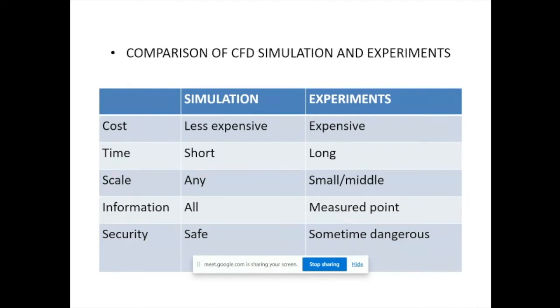In simulation, you can make a fluid domain ranging from kilometers to millimeters, but experimentally it is not possible. You cannot do an experiment with a 1 kilometer runner diameter. But in simulation, any kind of scale is valid. Then information wise, you have all kinds of information in simulation, but experimentally you can get the information only where you are measuring.